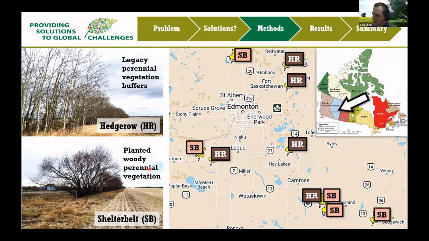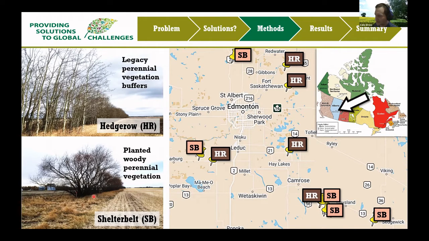My team and I conducted a 3-year field study in central Alberta, Canada, in 2 common types of agroforestry systems to assess soil organic carbon storage and greenhouse gas emissions. The 2 common types of agroforestry systems that we used were hedgerows, which consist of legacy perennial vegetation buffers that include a woody component, and shelter belts, which consist of planted woody perennial vegetation at field margins.